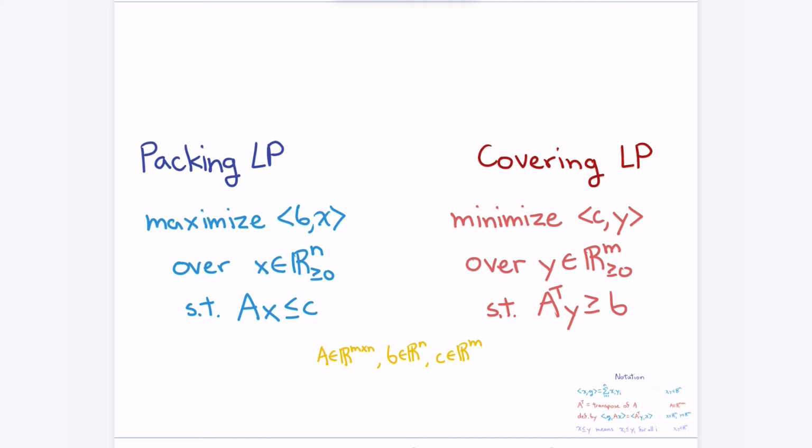Yeah. So now the thing I want to point out is notice that you have A on one side and A transpose on the other. If it's a 1-0 matrix, you can imagine a 1-0 matrix between the rows and the columns. And then when you transpose it, you have the same incidences, but the roles of row and column have changed.